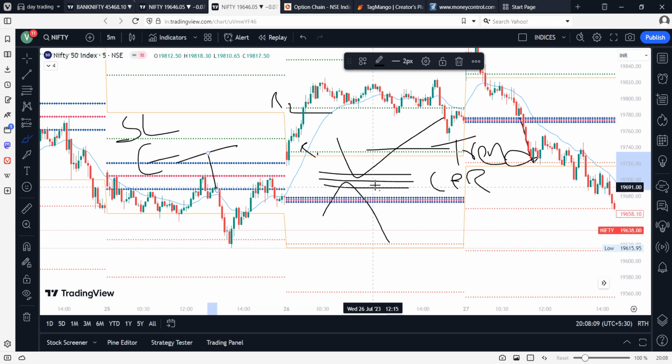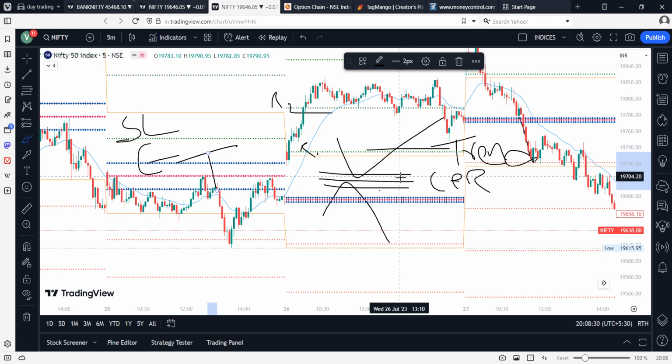Now see here, this is the CPR. In other words, this is the fair equilibrium value you are going to take. It is like when you are going shopping or street shopping, you make sure that something will be bought for a good price.